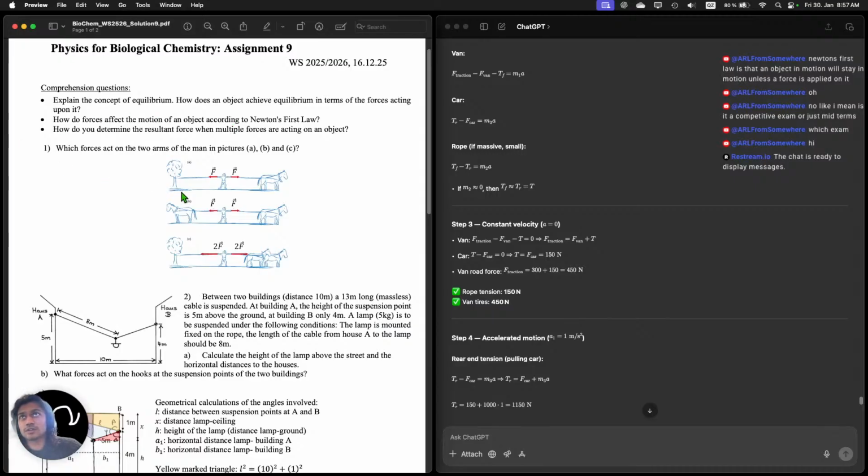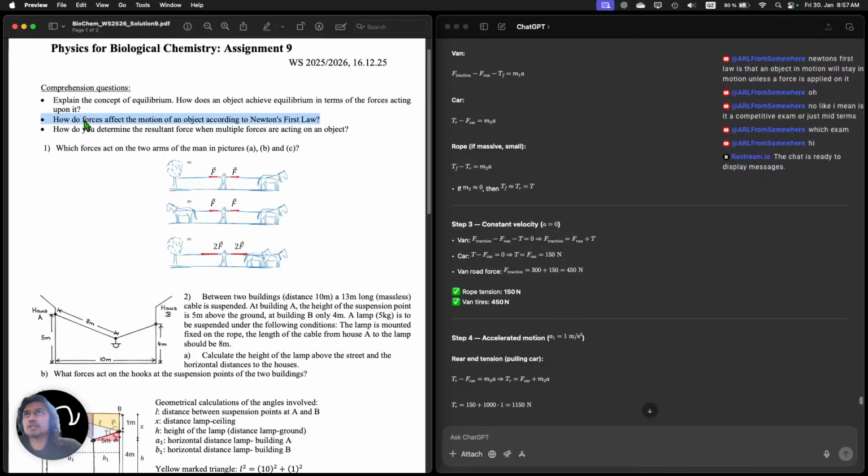How do forces affect the motion? Forces result in change in direction, change in motion. I need to formulate correct sentences for that, but I think it's just that.